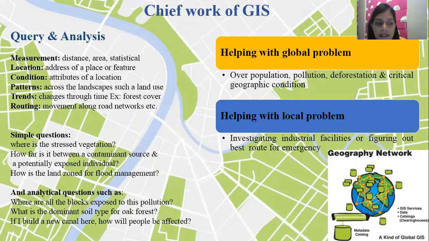Now, the analytical questions, such as what type of analysis can GIS give us? Where are all the blocks exposed to this pollution? Where is the location that all blocks are exposed to the pollution? What is the dominant soil type for oak forest? Yes, GIS can give us the answer of which type of soil is dominant for oak forest. This is just an example I have told you here, that is how analysis is possible, and what kind of answers GIS can give us in detail.